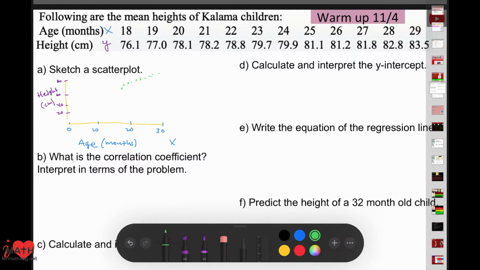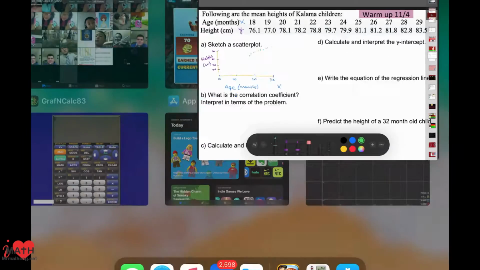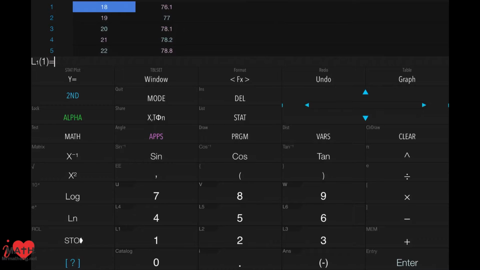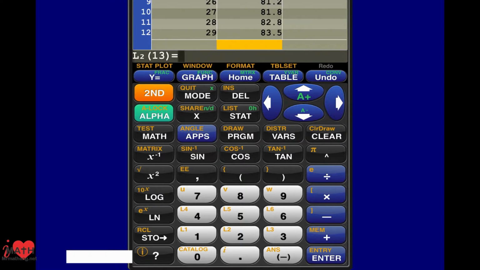Okay, what is the correlation coefficient? Interpret in terms of the problem. So if I go back to my calculator, because I already have all the data in there. I'm going to make sure, because I haven't used this one before, that the catalog diagnostic is on. Here we go.